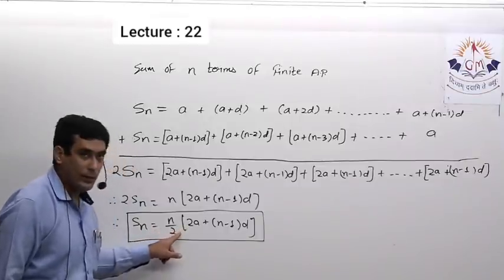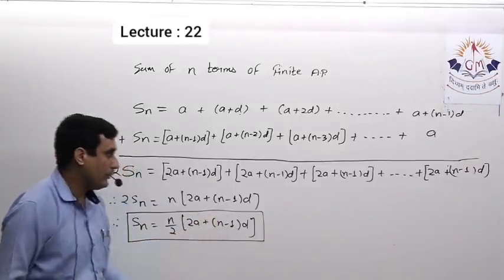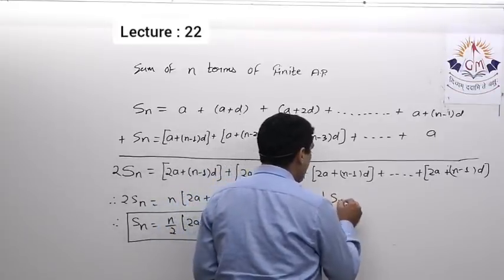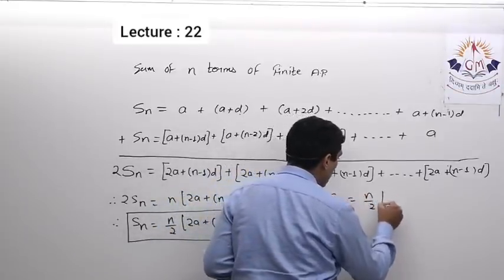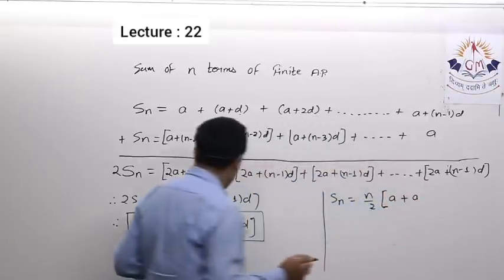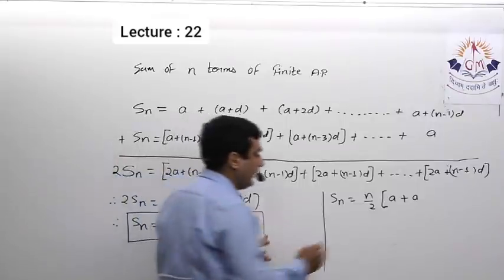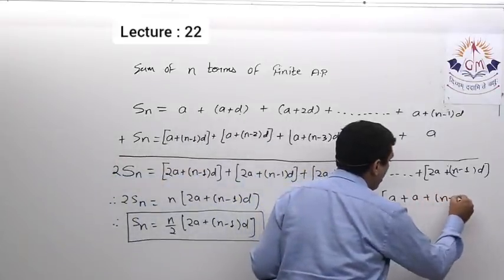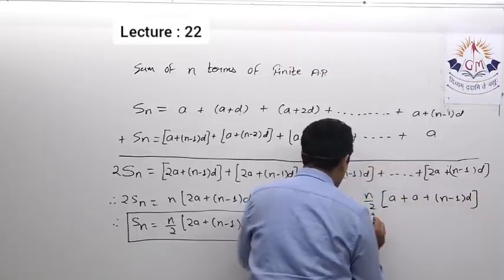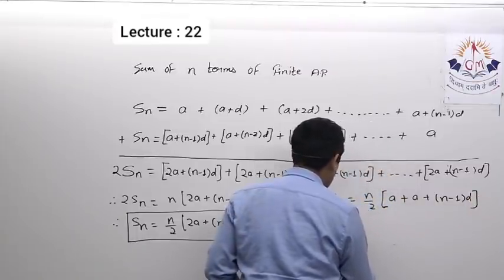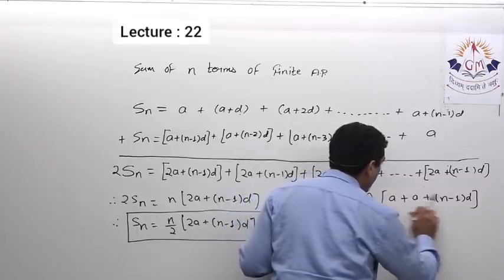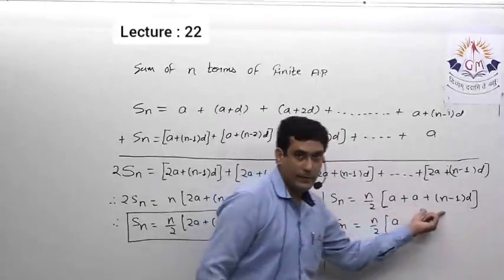Sn is given by n by 2 into (2a plus (n minus 1) into d). Now I am rewriting this: it is n by 2, and 2a I am writing as a plus a. So this 2a I wrote as a plus a plus (n minus 1) into d. Now you can see n by 2 and a as it is, and a plus (n minus 1) into d is the nth term.